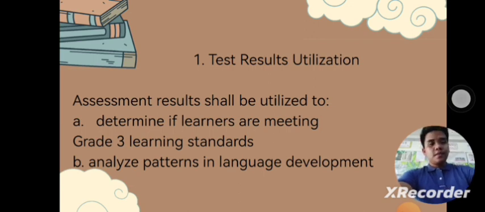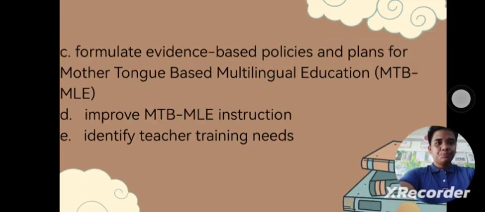Then next is formulate evidence-based policies and plans for mother tongue-based multilingual education. You need to formulate evidence and create plans or policies for MTB MLE. Then improve MTB MLE instructions. So we need to improve our MTB MLE instructions more.